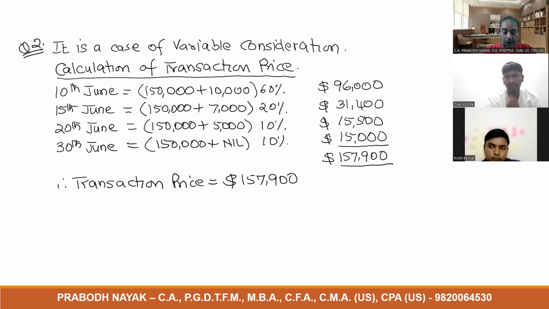So in that case, there are different amounts which are going to arise. So what is this 157,900? This part is your X value. This part is your P value. So this is summation of P into X. So this 157,900 is actually your average, or what we call expected value.